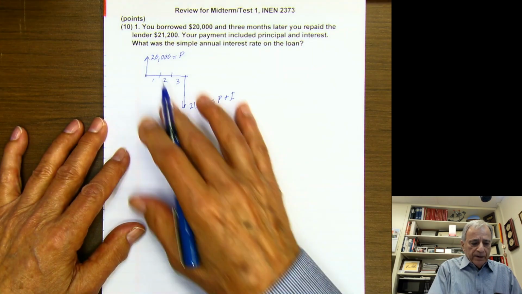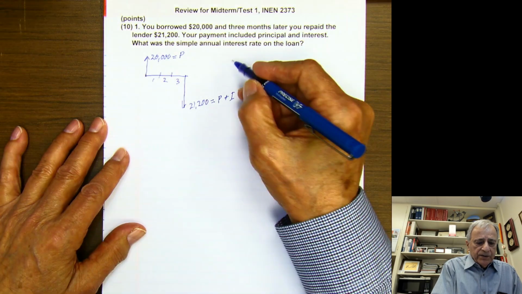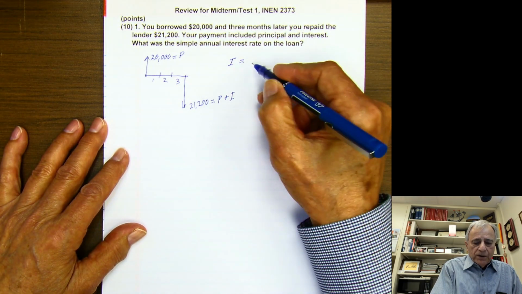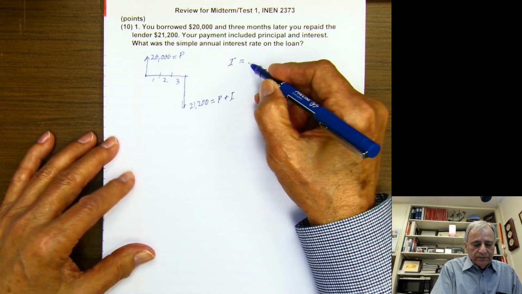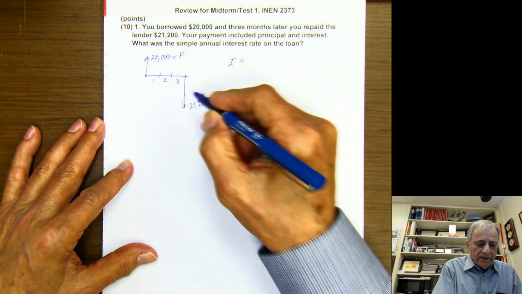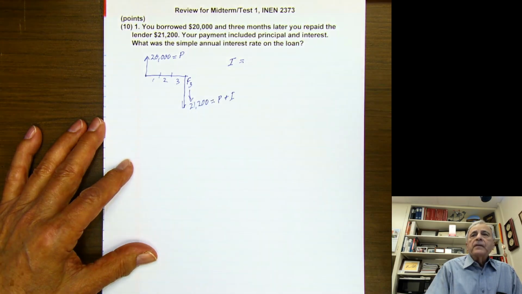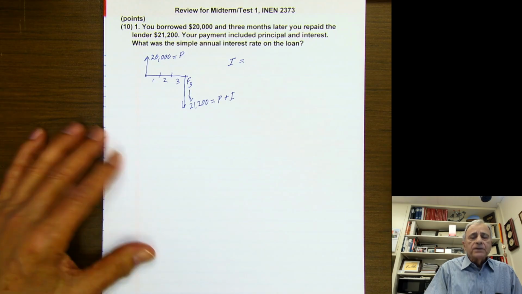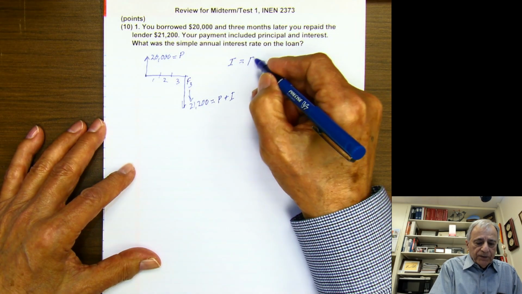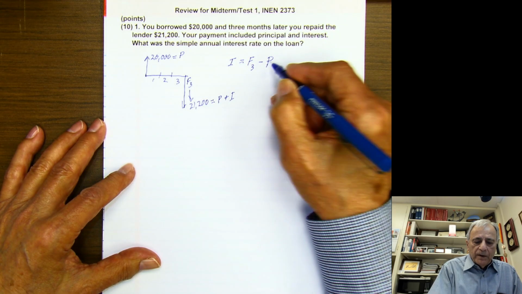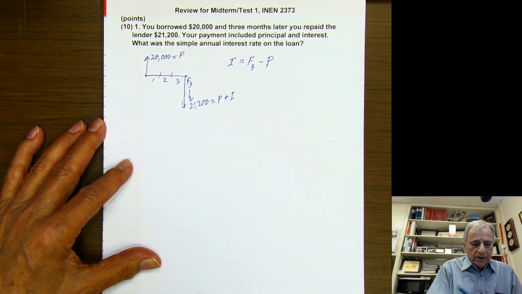So the interest is equal to what you paid back, which we'll call F3 here, the future value at time 3, and these are months, minus what you started with, which was the $20,000.